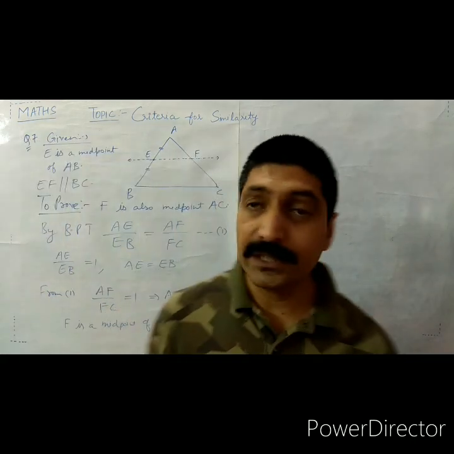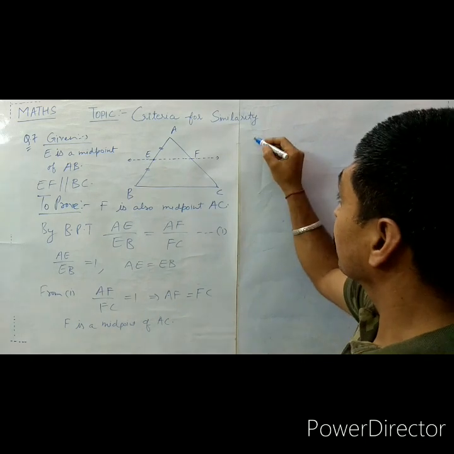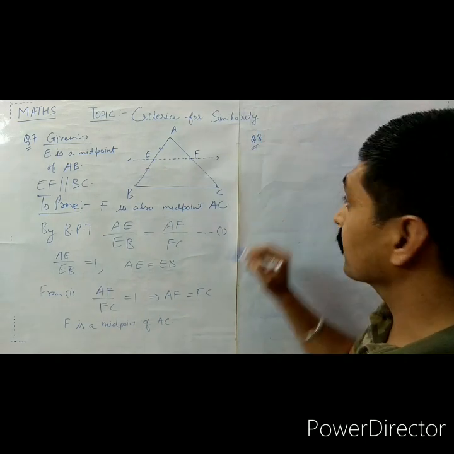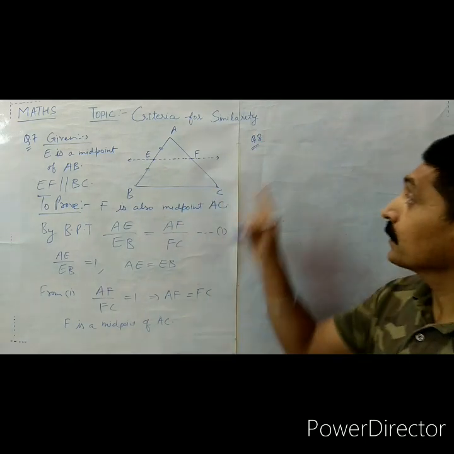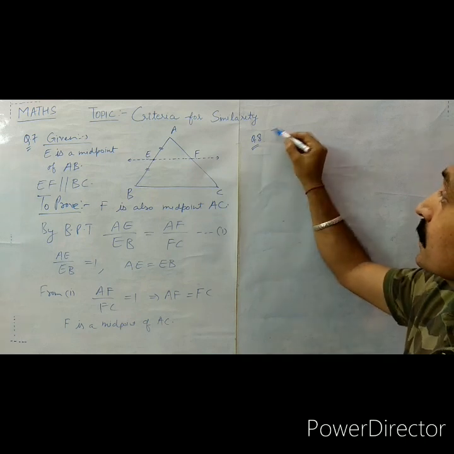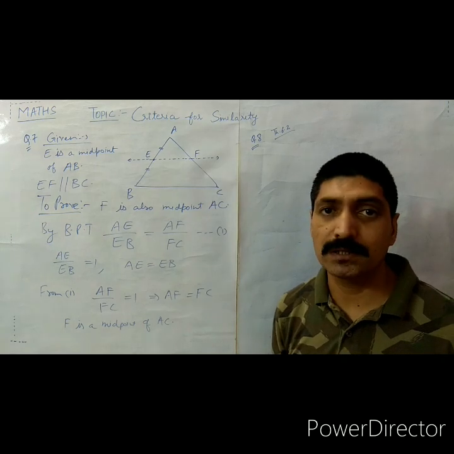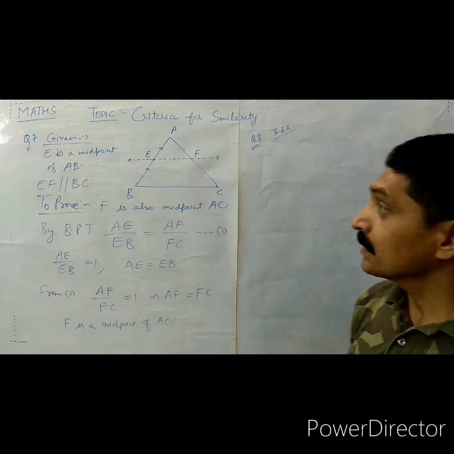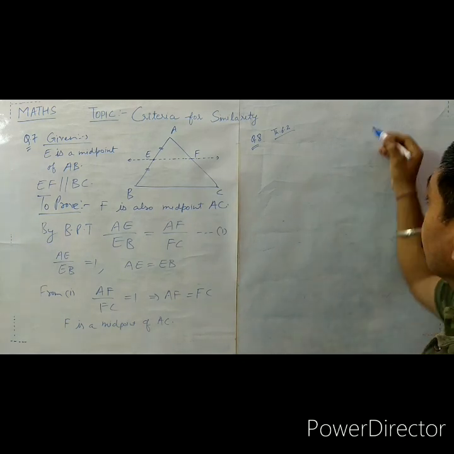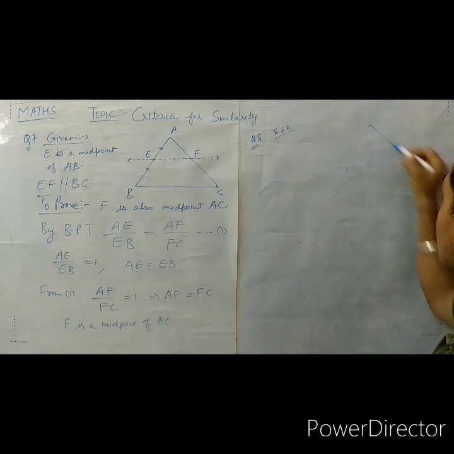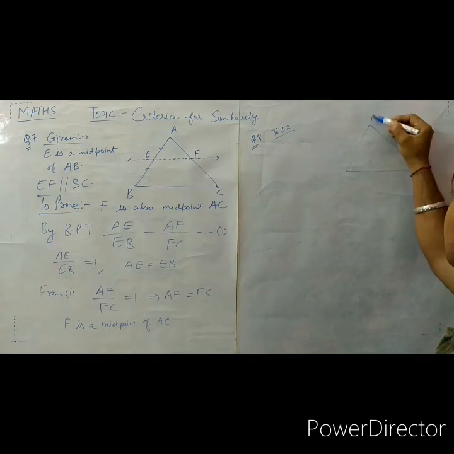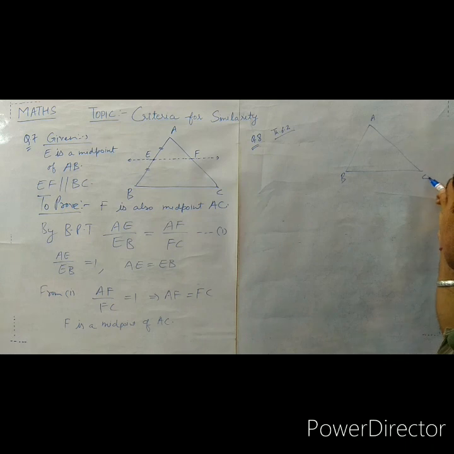Similarly, we have question number 8. Here it is given in the book that by using theorem 6.2. So theorem 6.2 is the converse of BPT. The statement of the 8th question is that ABC is a triangle.